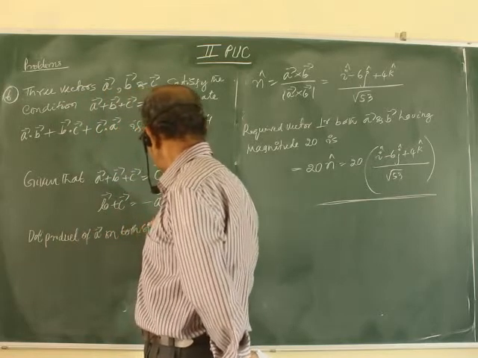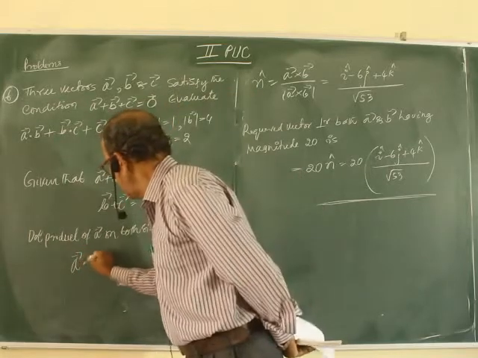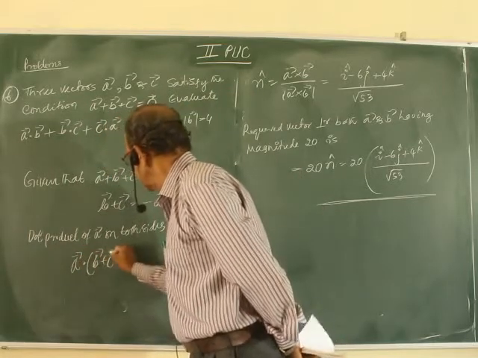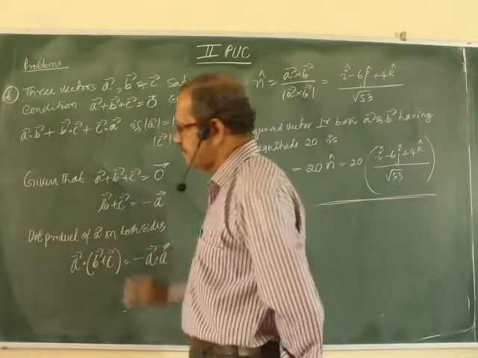What you get? A dot B plus C equal to minus A dot A you get.